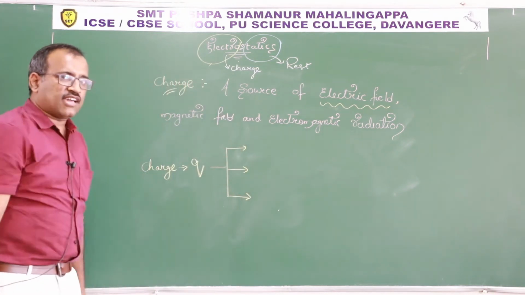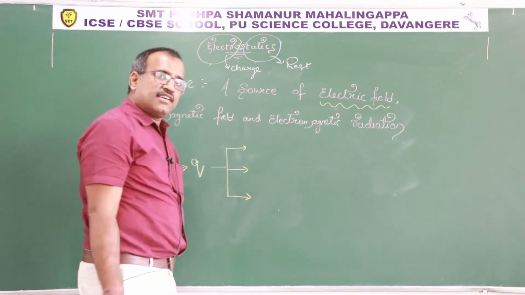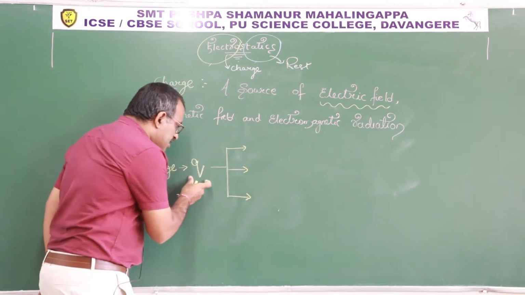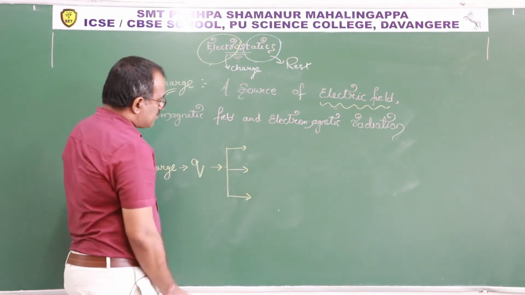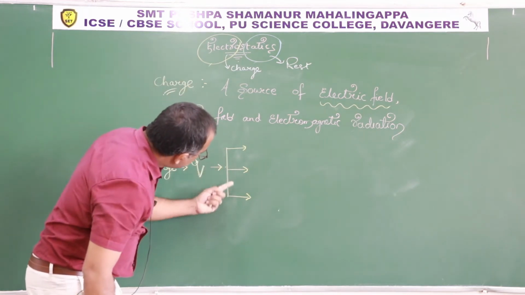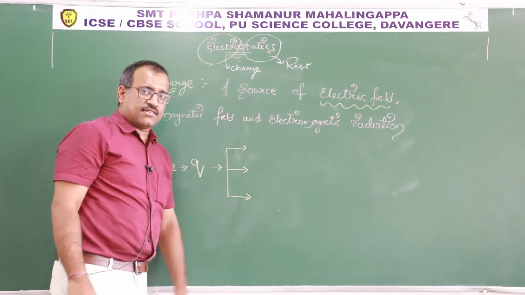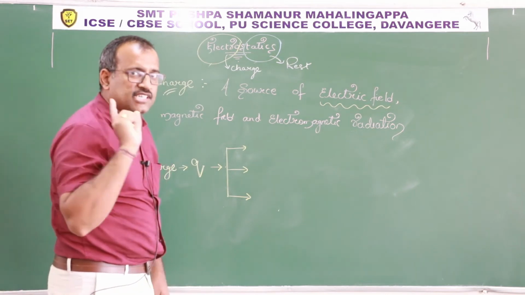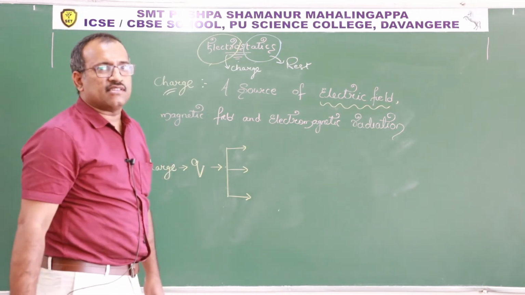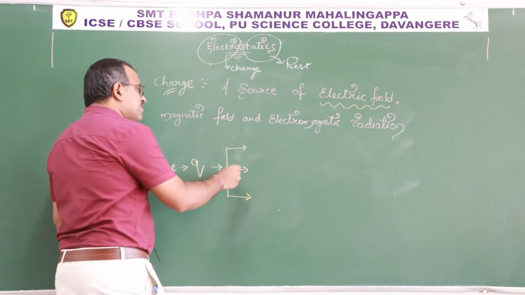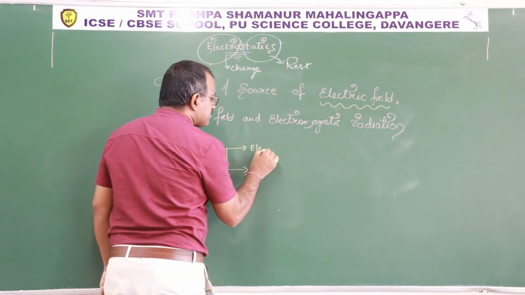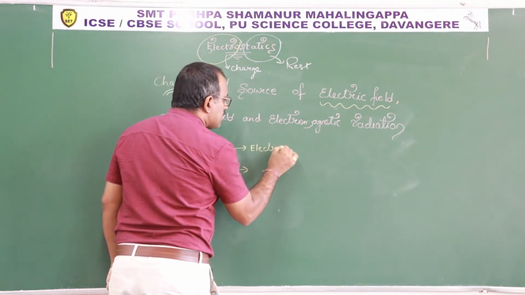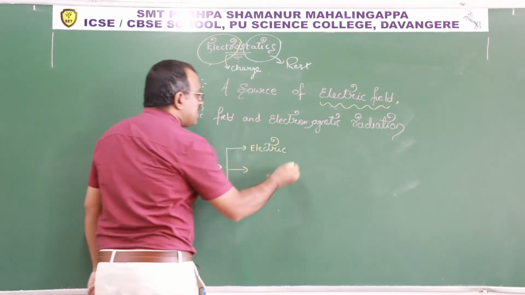But try to understand, I make you very clear. Charge, you can see here, what is this letter? This letter is absolutely capital E. What does it mean? It means that it will produce electric field.